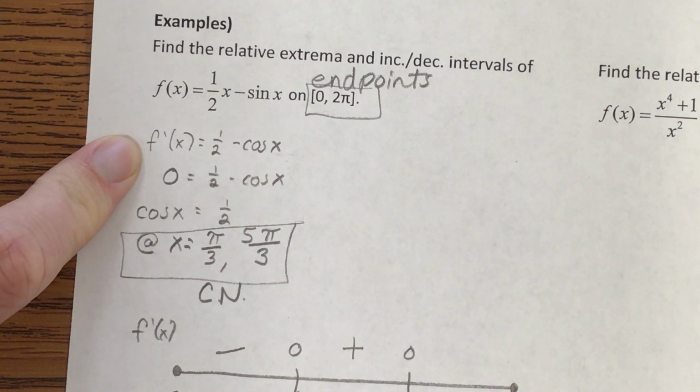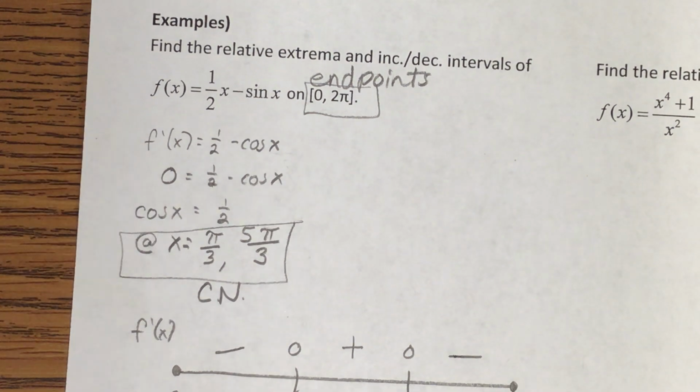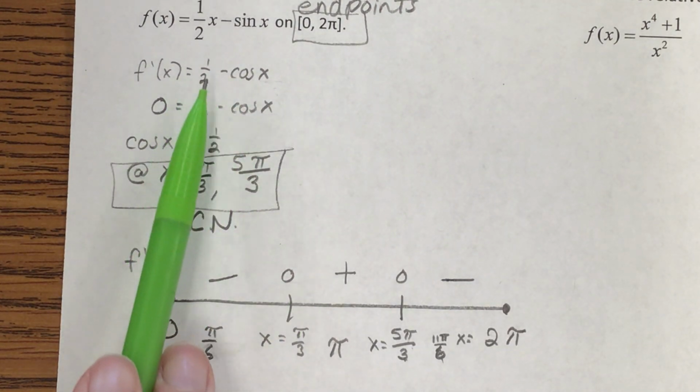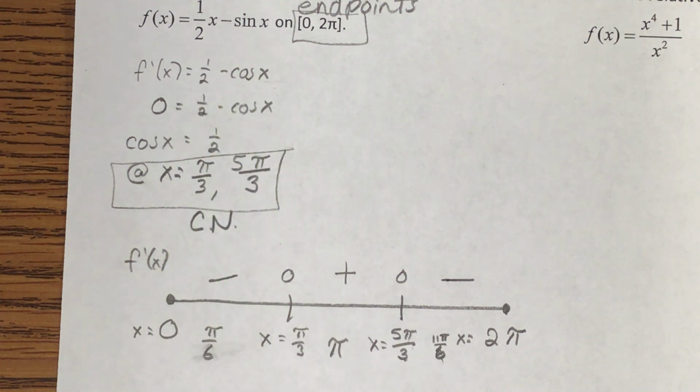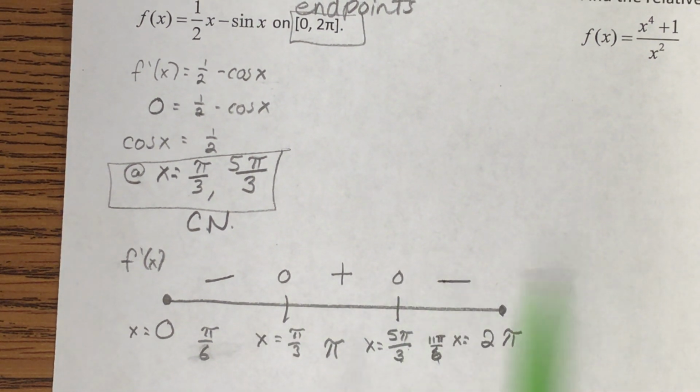And then between 5 pi over 3 and 2 pi, we have 11 pi over 6. That's a smaller number than 1/2, so this is a negative number as well. Okay, so use your unit circle, do 1/2 minus whatever that number is. We get a negative number here. Okay, so our slopes are all negative, and then 0, and then positive, and then 0, and then negative again.